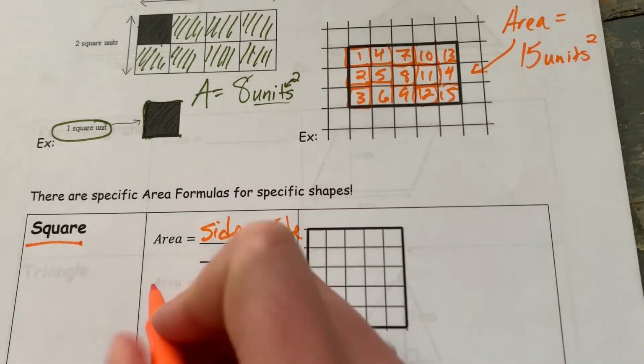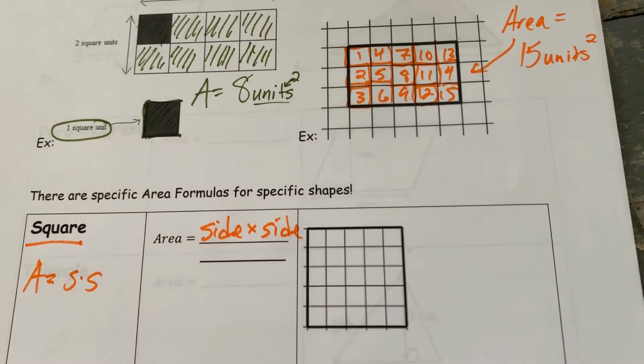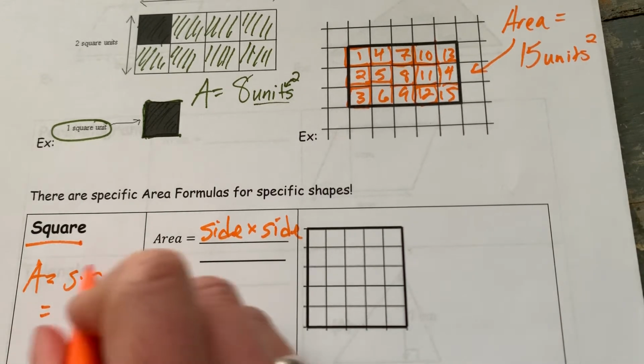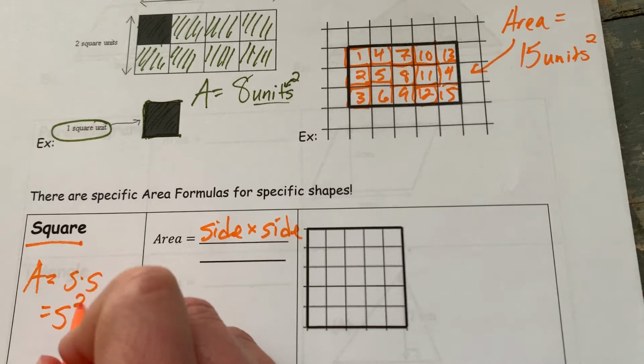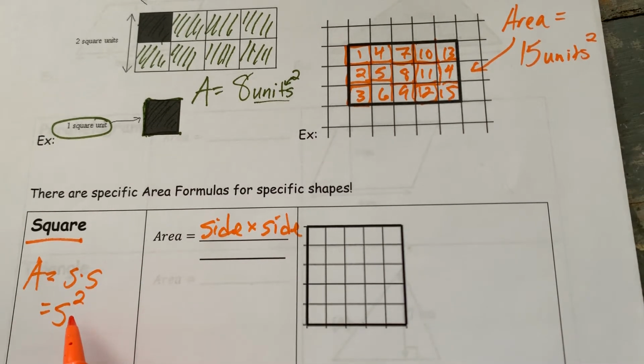Oftentimes you're going to see me write it like this: A equals S times S. When you get into 6th grade and higher grade levels, you're going to see S squared, because anything times itself can be described using exponents as that thing squared. But for right now, we can just say side times side.